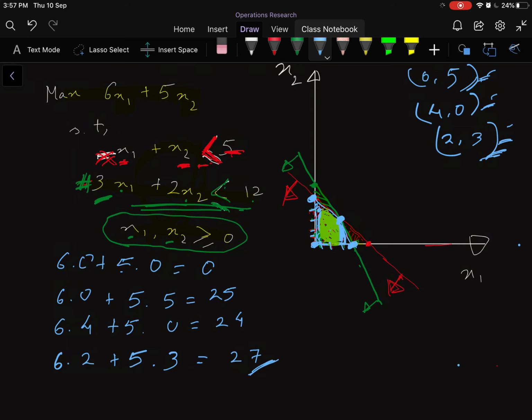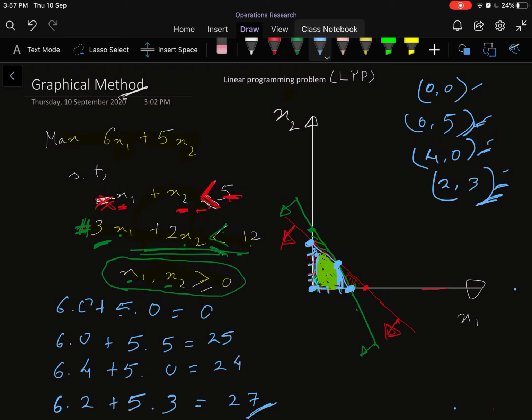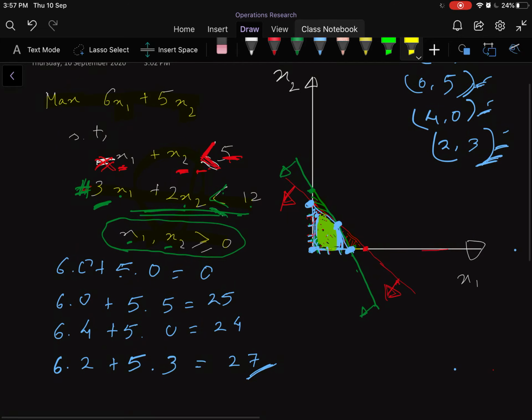So this is the point which should be considered for our further conclusions. Why? Because in this particular problem, our objective was to maximize the objective function, and the maximum value of the objective function we are getting is 27, when we are considering this particular point.